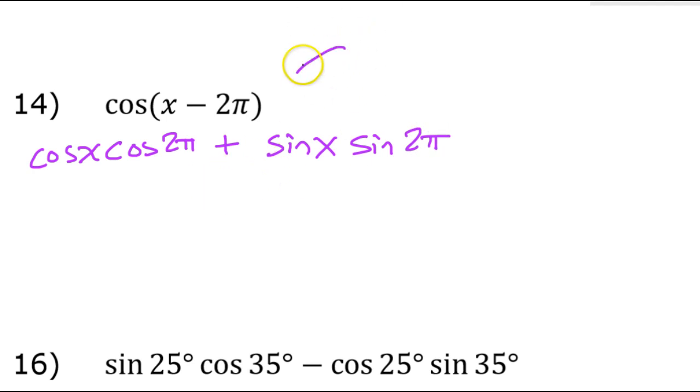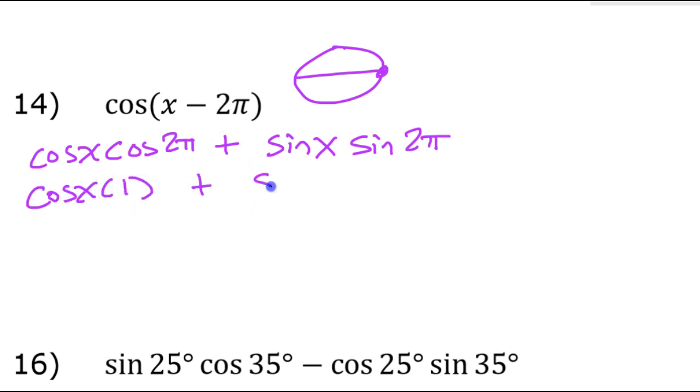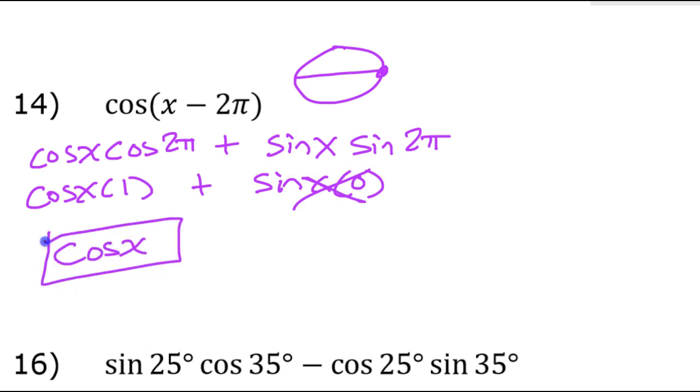Of course 2 pi is right here on the unit circle, and the cosine at this position is 1. So I'm going to have cosine x times 1 plus sine x times, and the sine is a y value, right there it is 0. So that's really just gone, so that's just going to leave cosine x.